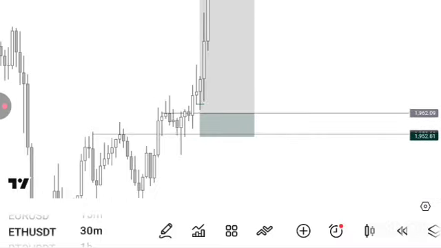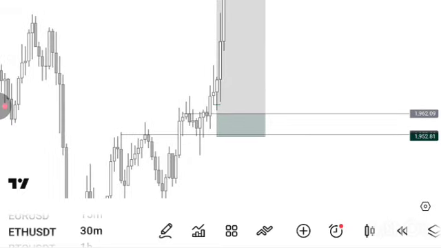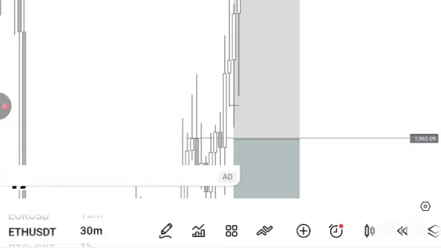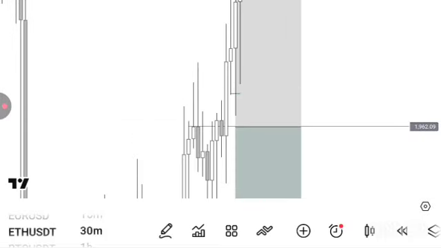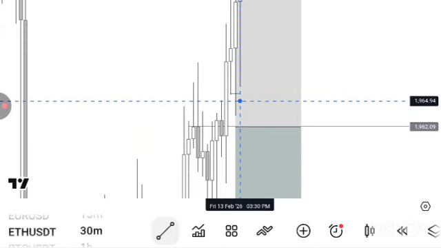One thing price is interested in doing, and you need to understand this, is number one, attacking liquidity, and number two, rebalancing an old imbalance. If you look at this particular level here, you see that the M30 time frame has an imbalance.